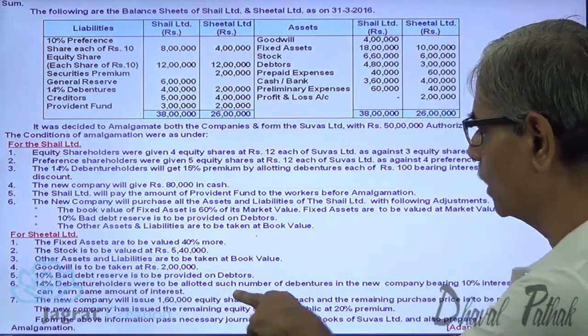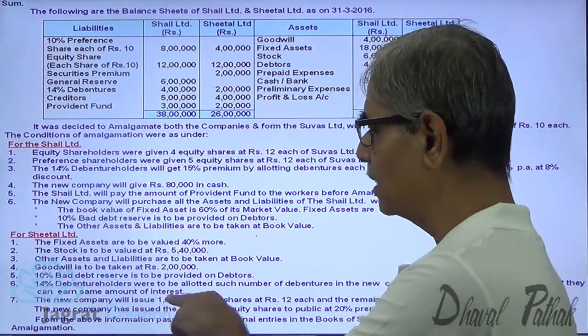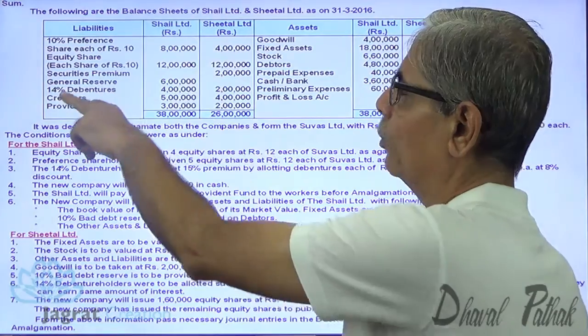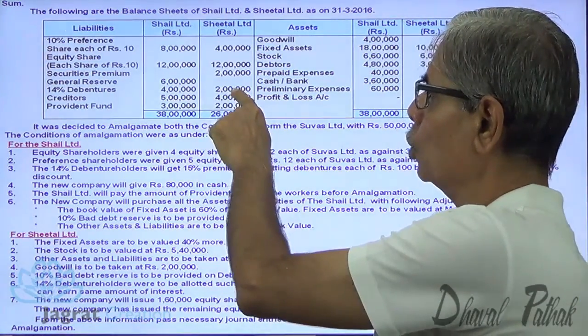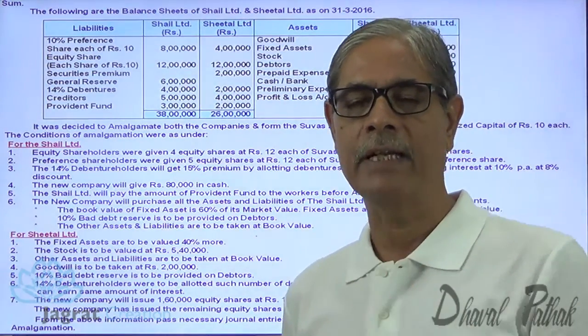14% debentures will be allotted, such a number of debentures in the new company bearing 10% interest per annum so that they can earn the same amount of interest. Now these 2 lakhs are the debentures, 14% is the rate of interest. So 2 lakh into 14%, they are earning interest of 28,000.